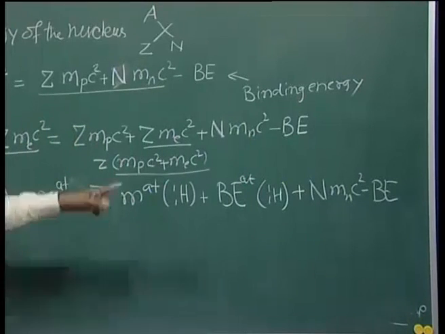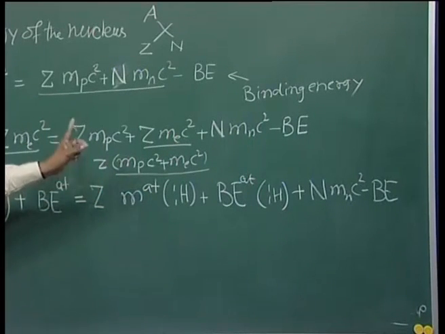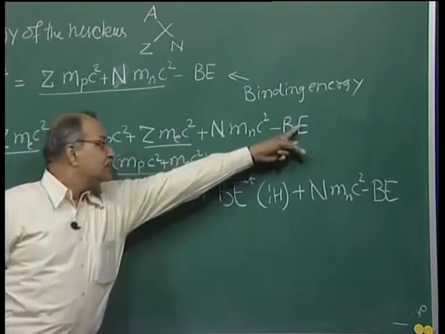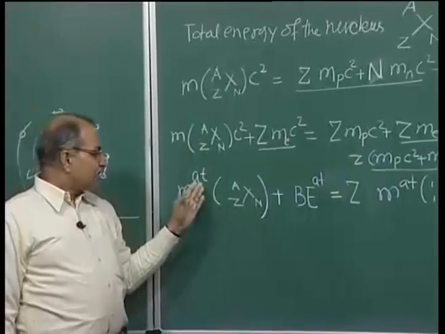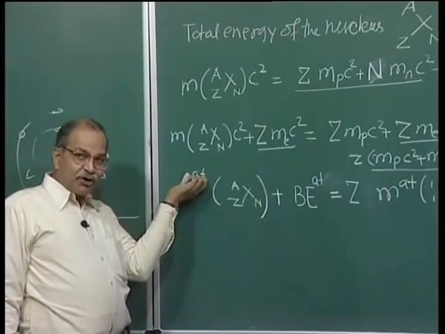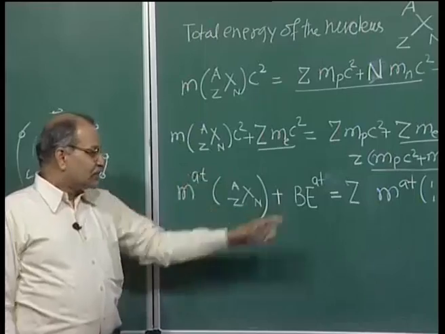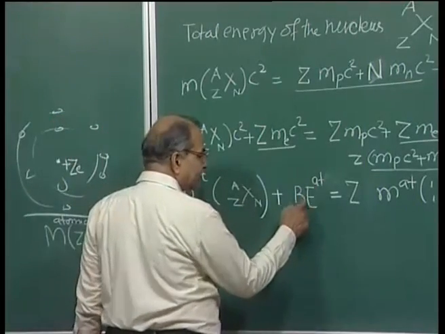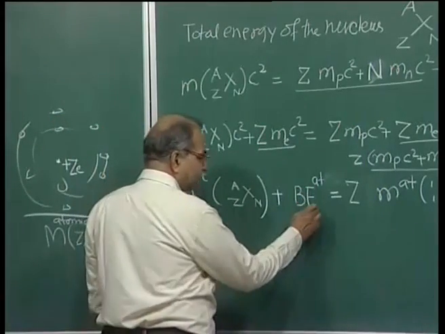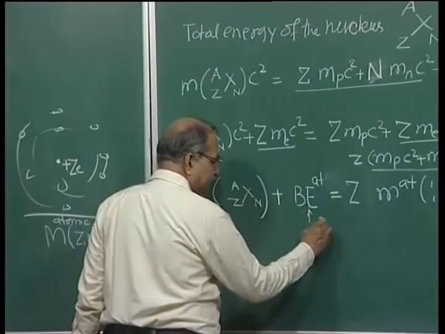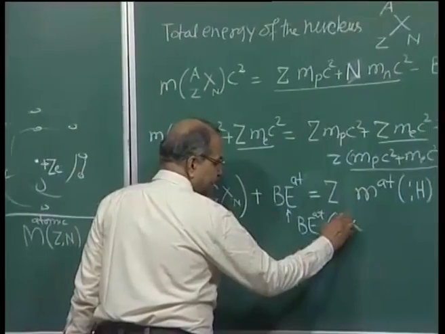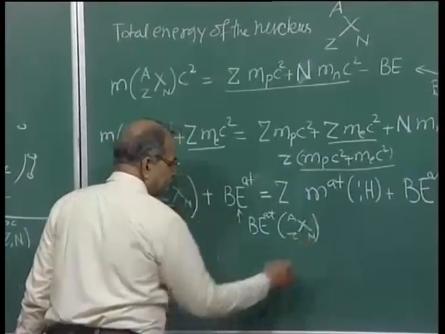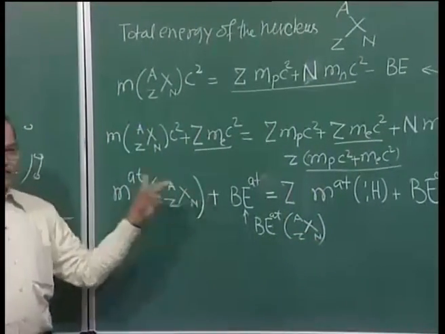What is that last binding energy I am writing? The binding energy of the nucleus is the same Be which I have written to start with. This is all nucleus, and if I put At on top, that is atomic. So, this is the atomic binding energy of which atom? Of this atom, right?